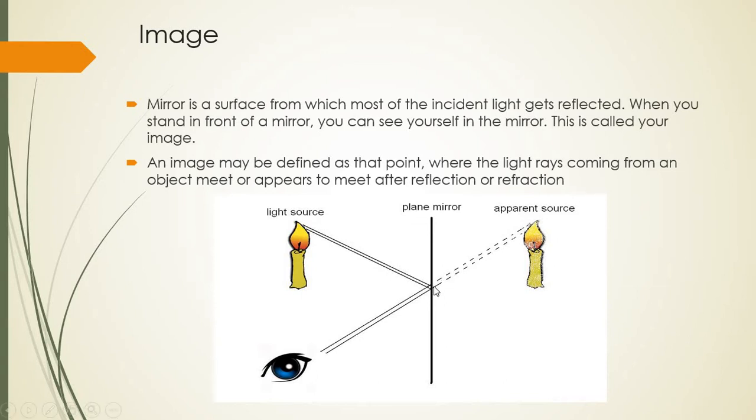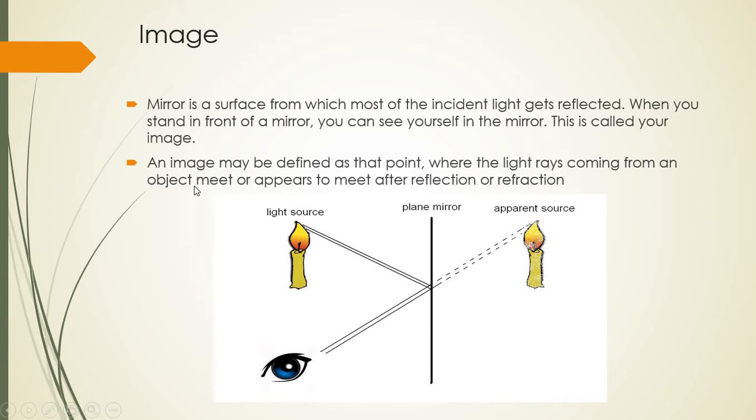As you can see here, this is the reflected ray, and it appears to meet at a certain point. After reflection the rays are not actually meeting, they go parallel to each other, but they appear to meet at a certain point just behind the mirror. So we can say this is the image of the candle.